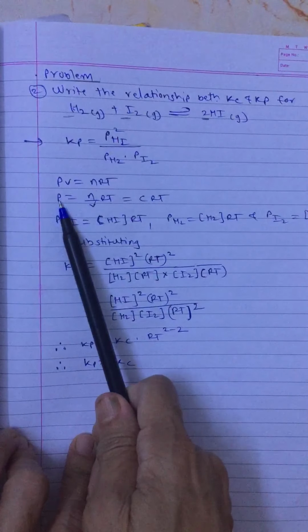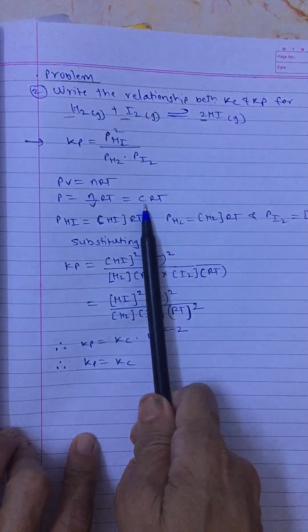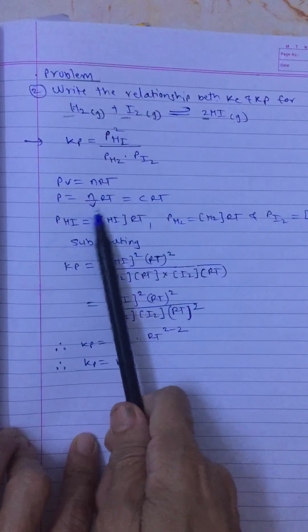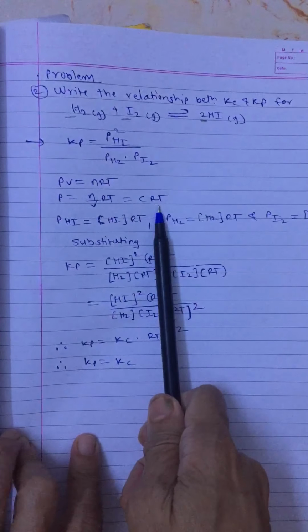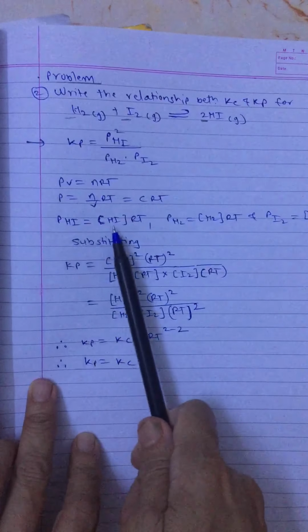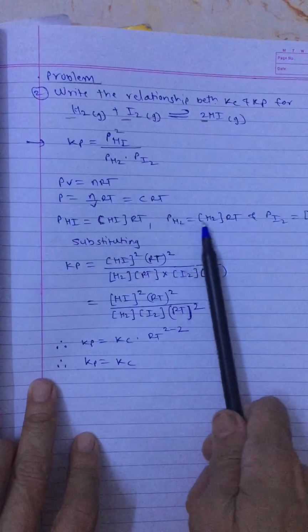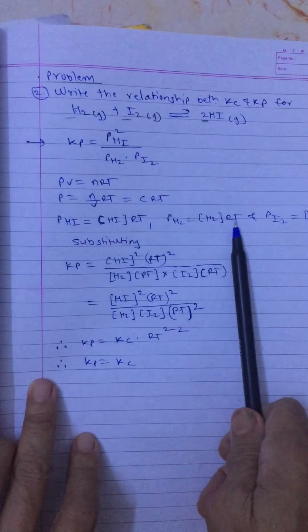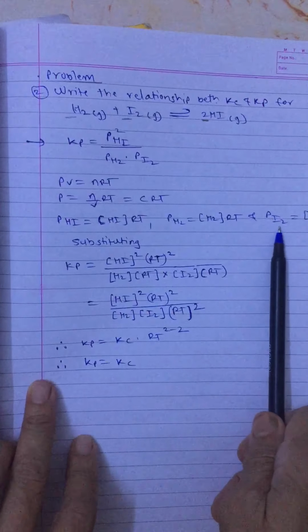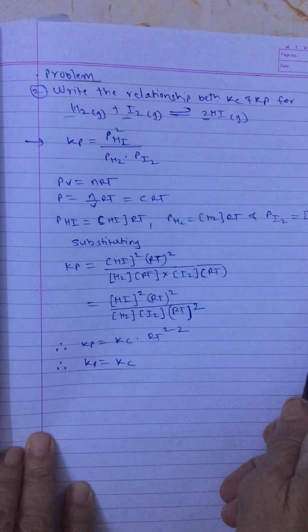So partial pressure is equal to n by V RT, that is concentration in number of moles per liter into RT. This way partial pressure of HI is equal to concentration of HI into RT. Partial pressure of H2 is equal to concentration of H2 into RT, and partial pressure of I2 is equal to concentration of I2 into RT.